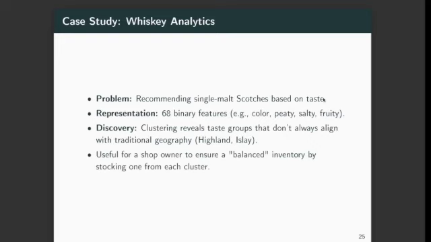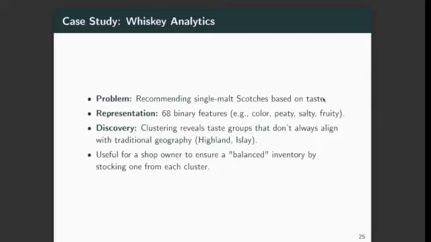Now let's look at the practical implementations and the case studies. First, we'll look at whiskey analytics, where we have 68 binary features like peaty or fruity, and the clustering reveals taste groups that don't always match geographically.